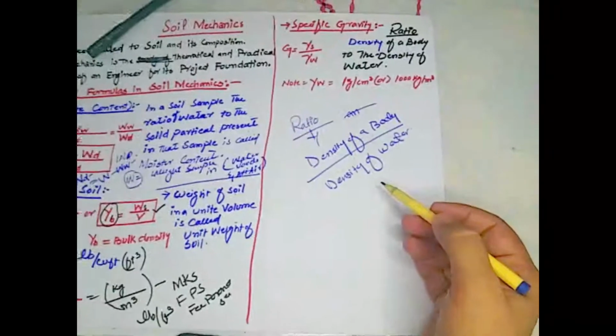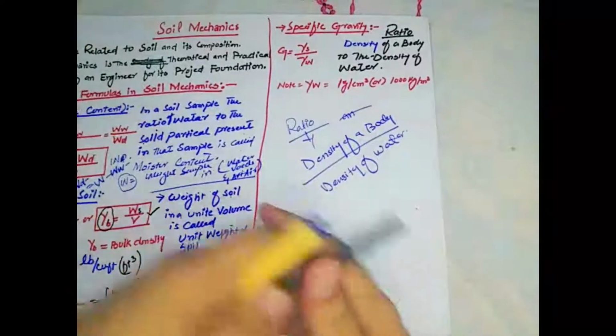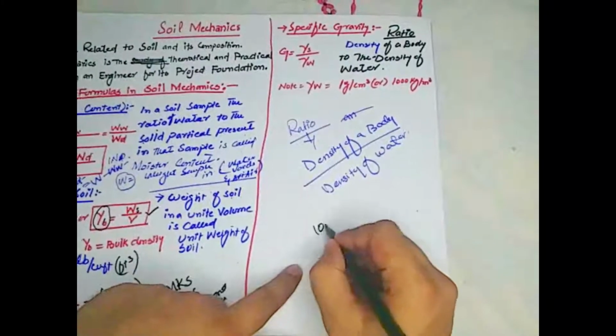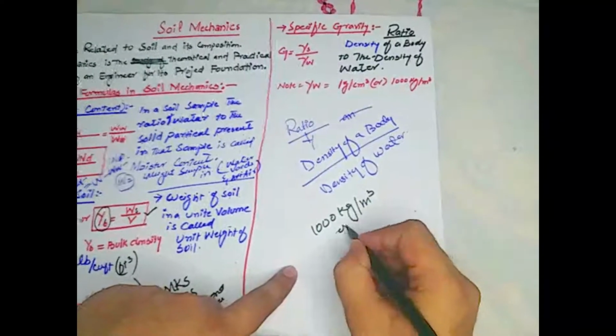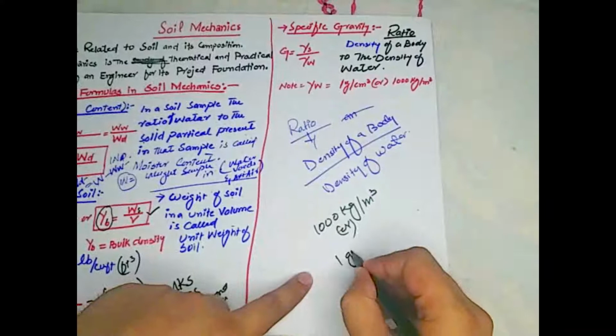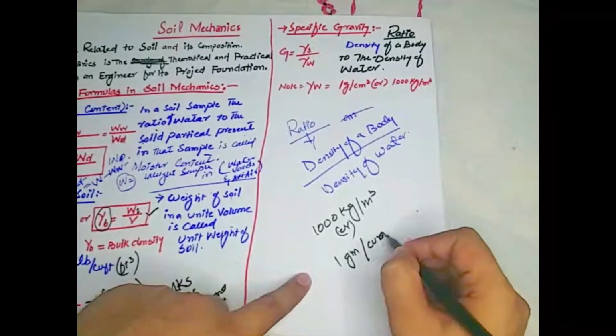The density of water is constant, because the density of water is 1000 kilogram per cubic meter, or 1 gram per cubic centimeter.